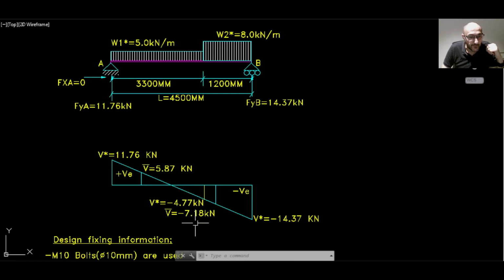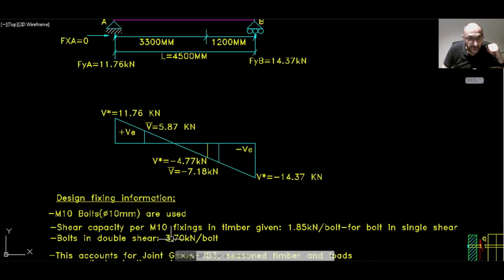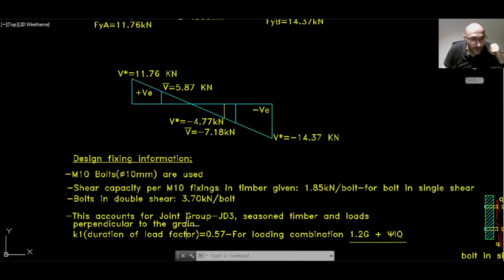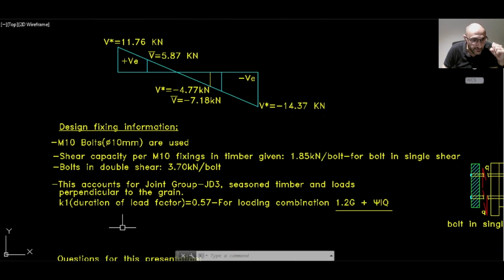Now, coming down to the design fixing information, we are given M10 bolts, and the shank diameter is 10 millimeters. This is what's been used out on site. The shear capacity per M10 fixing in the timber is given to us as 1.85 kilonewton per bolt.